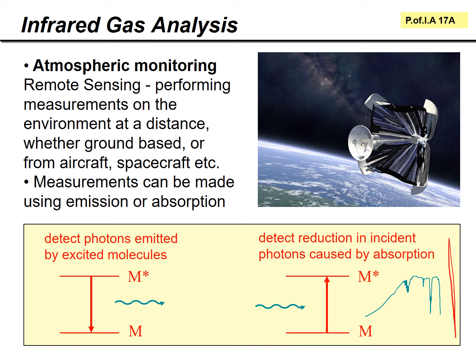So a little energy diagram there showing some infrared being absorbed, exciting a vibration in the molecule, and we get an infrared absorption spectrum. But you can also do infrared spectroscopy and analysis of gases directly by emission. So sometimes vibrationally excited molecules can relax by emitting packets of infrared-sized energy.